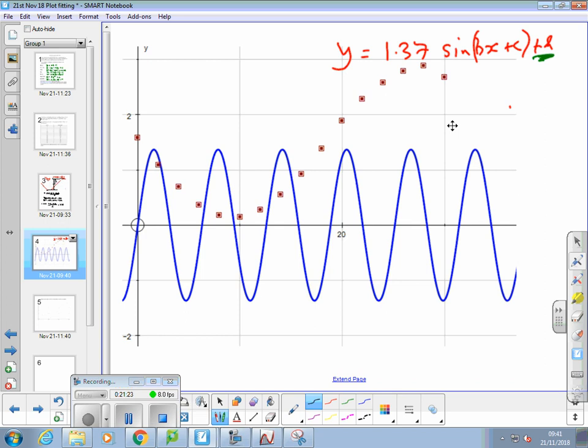Remember the 1.37 is the distance between here and here. That's the 1.37, the same thing going up. Currently, the centre of that blue waveform is along the x-axis.